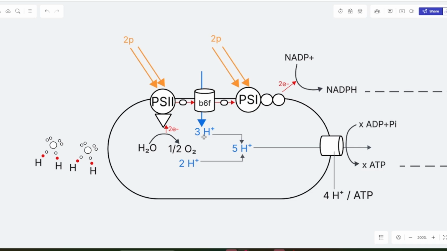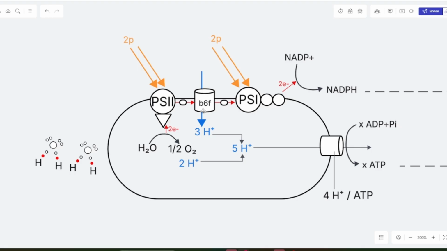Now, I just said 2 protons, but there's also something called a Q cycle taking place in b6f, which amplifies the efficiency of this proton pumping, so that for every 2 electrons that go through this step, there's actually going to be an additional 1 proton pumped in.